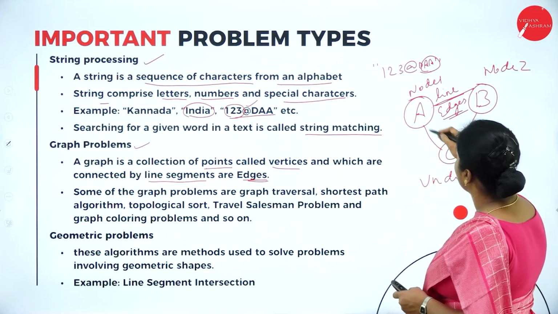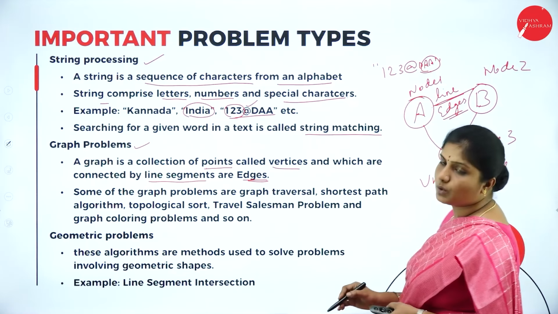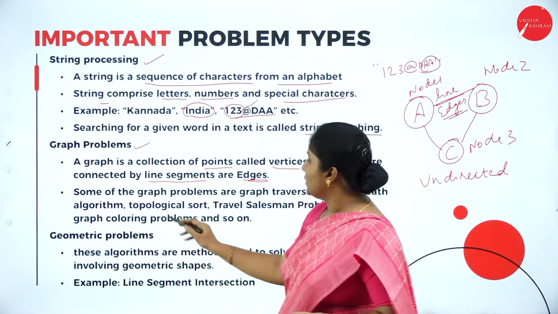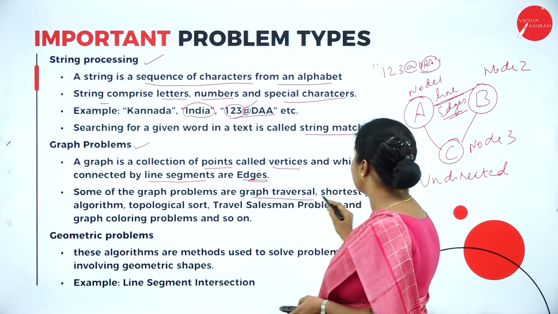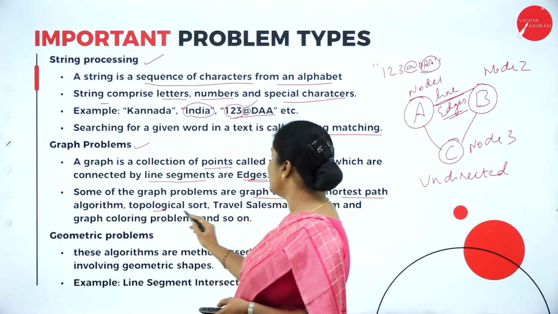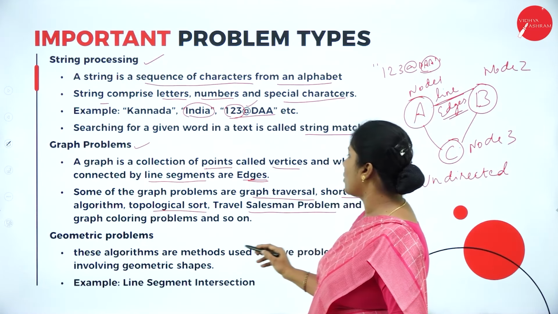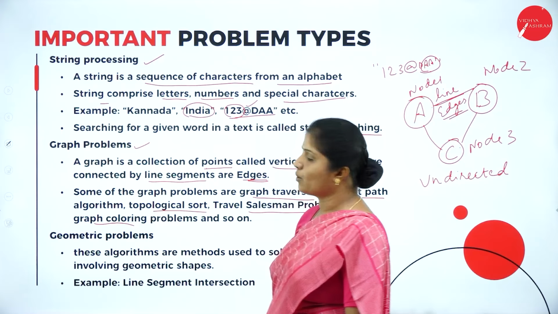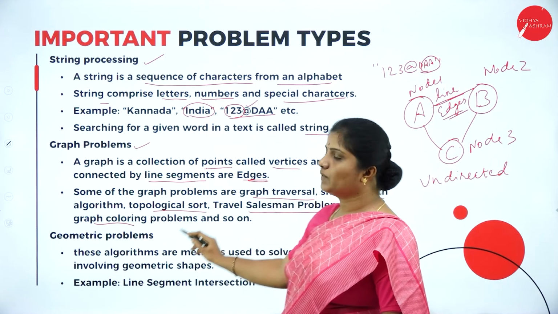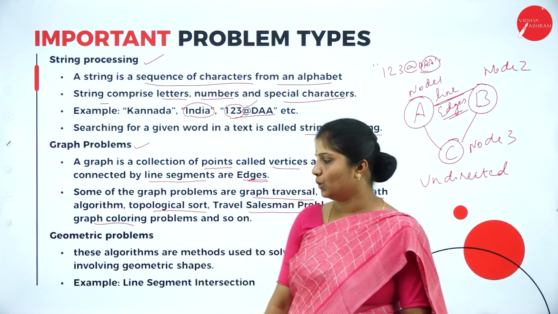Hence, we can move from A to C or C to A or A to B or B to C. Some of the graph problems are graph traversal, shortest path, topological sort, traveling salesman problem and graph coloring problems. These problems we will discuss later in the upcoming units.